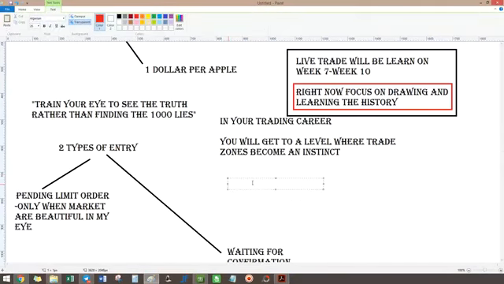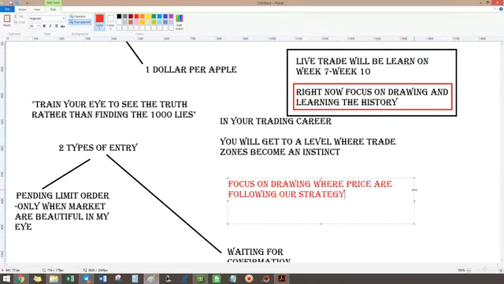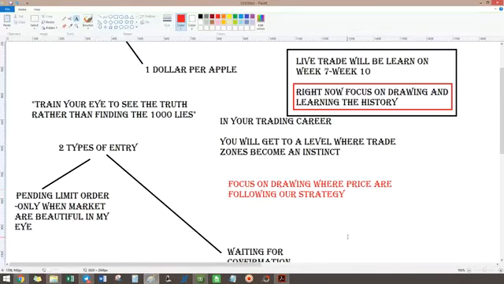Focus on drawing where price is following our strategy.